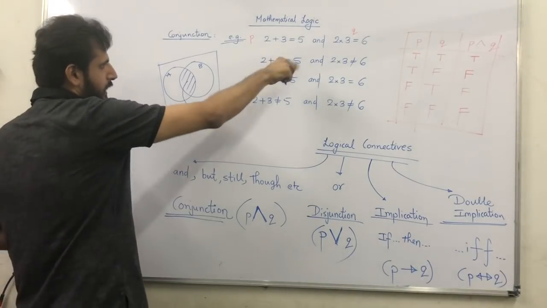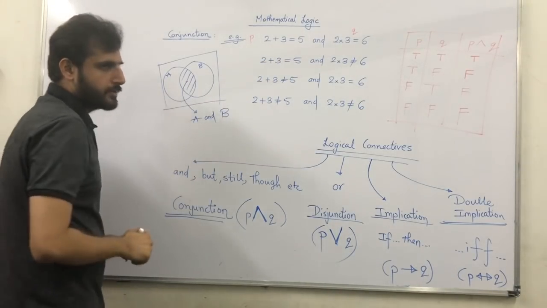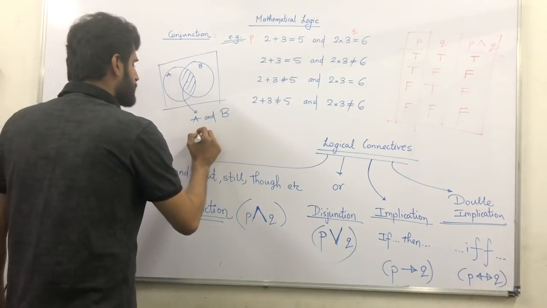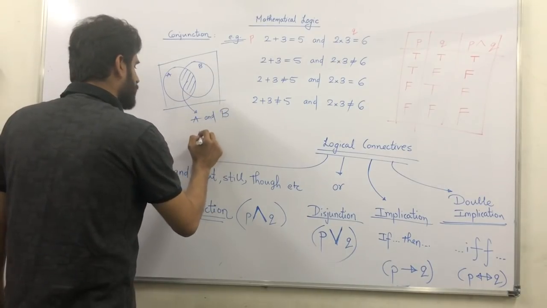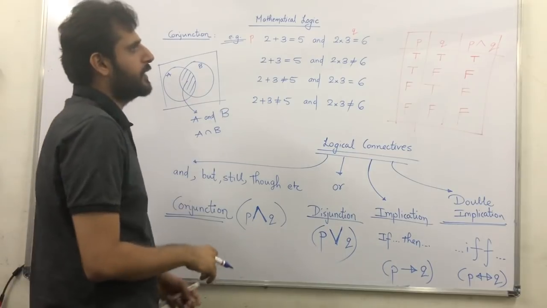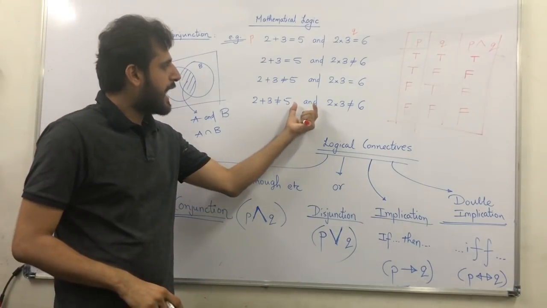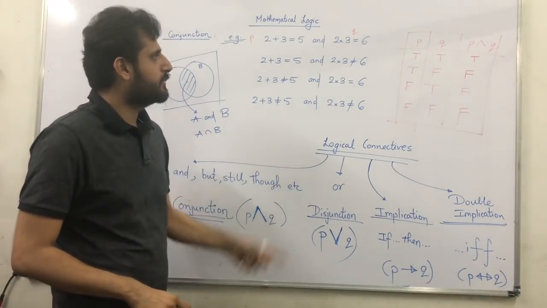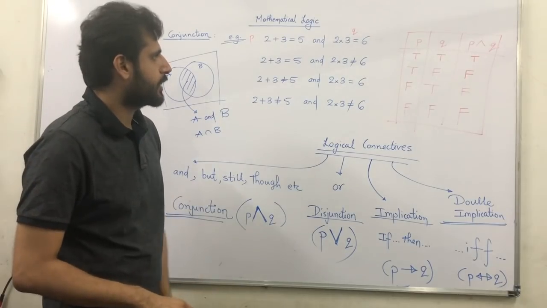So I am talking in conjunction, I am talking about this region, right? Symbolically in set theory it is called A intersection B, right? So that region we are talking about when we say "and" as a logical connective between the two statements.